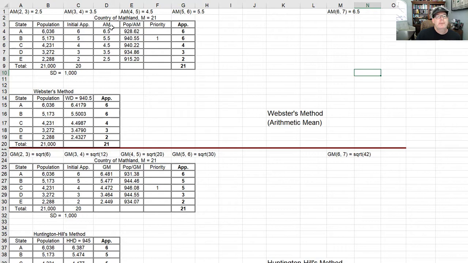Well, if I want to do it through Webster's method, with this divisor, then rounding will give me the 21. So it'll be 6, 6, 4, 3, 2, give me the 21.